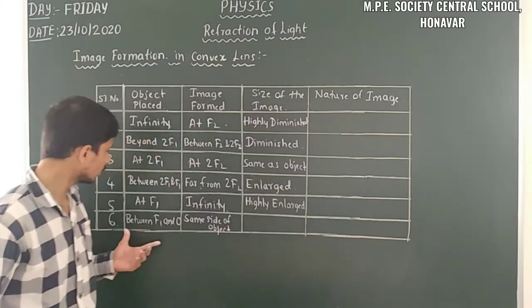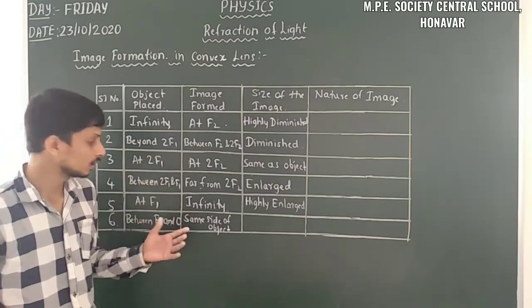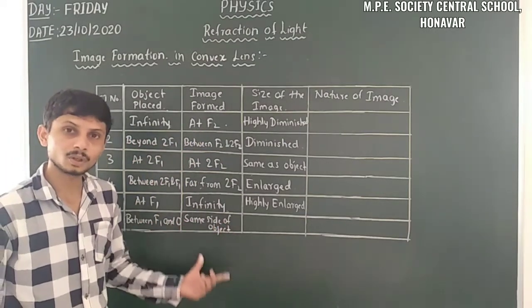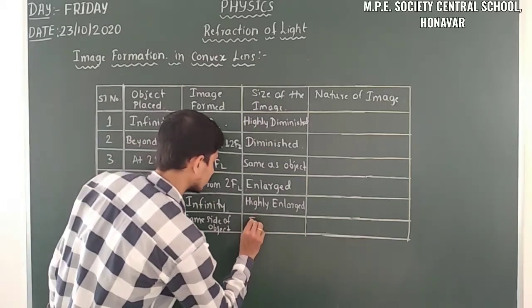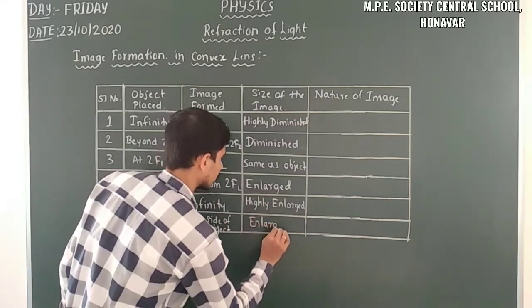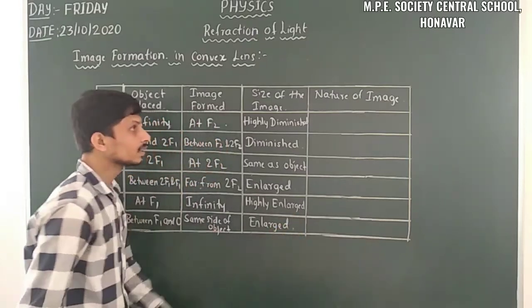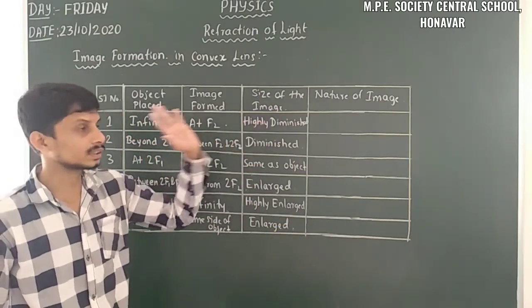And finally between f1 and O, we have the image on the same side of the object, and the size of the image is enlarged.